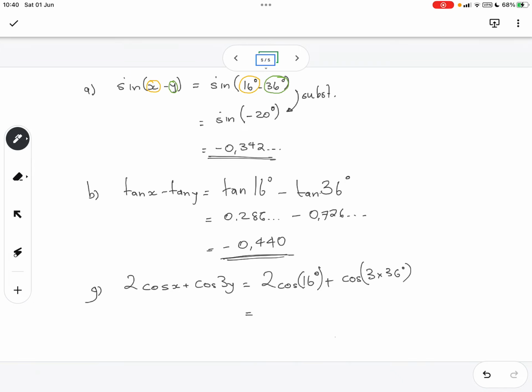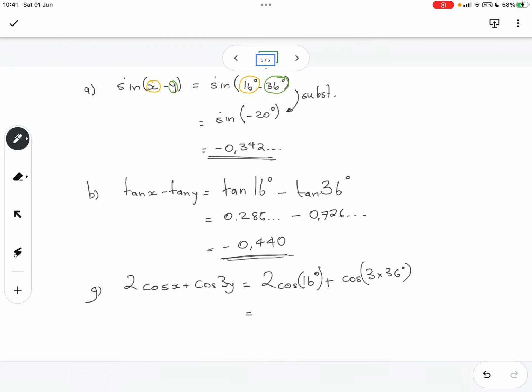So where the value sits, before or after, is important. Let's say you have a decimal, right? That one was negative 0.4397. No, I'm looking at 2 cos 16 plus cos 3y, and the 3 are at different positions.